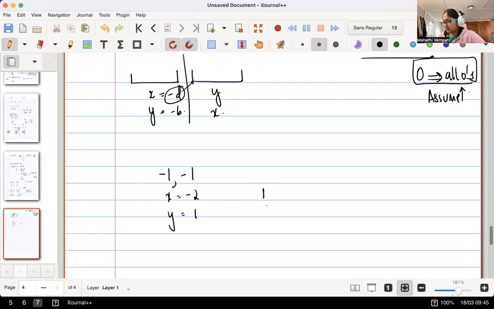Product is minus 2. 2 comma minus 1. Right? Product is minus 2, sum is 1. But these two are different elements. That's not allowed.